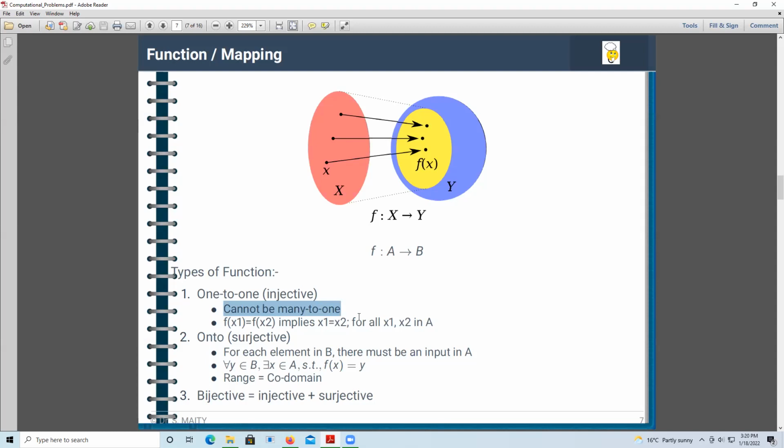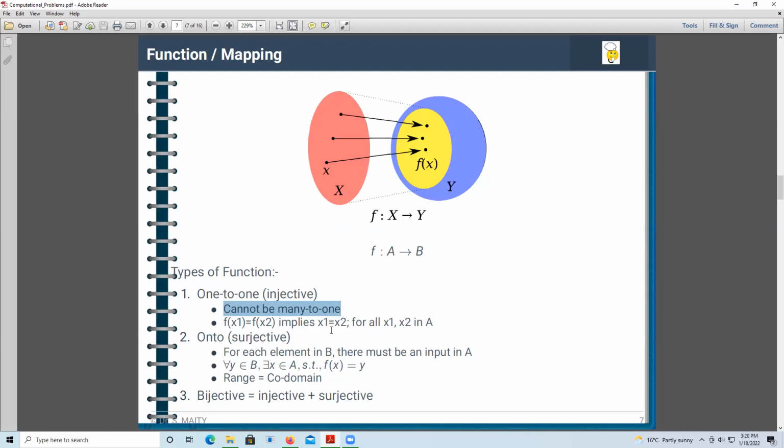Many-to-one is definitely a function, but if it is many-to-one, then it is not an injective function. It is not a one-to-one function. So in order to be one-to-one, it must satisfy the property that the function is not many-to-one. Mathematically, if f(x1) is equal to f(x2) for any two values x1 and x2 in the domain A, then it implies that x1 is equal to x2.